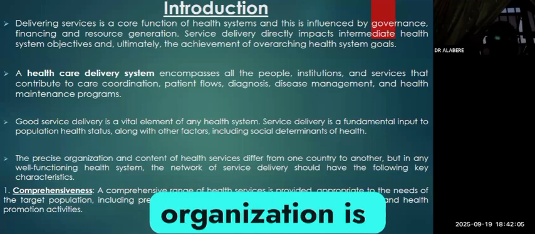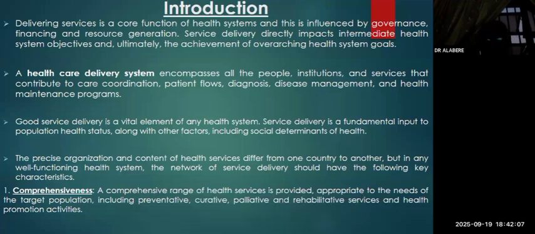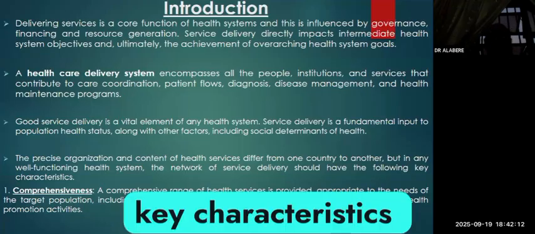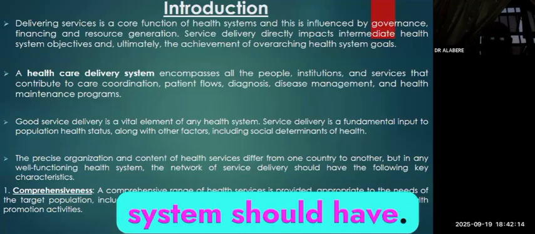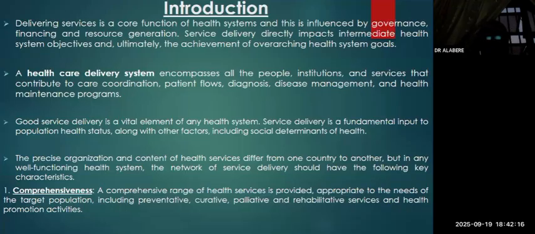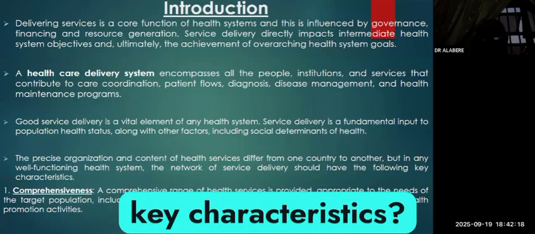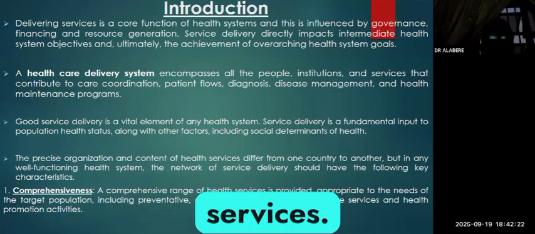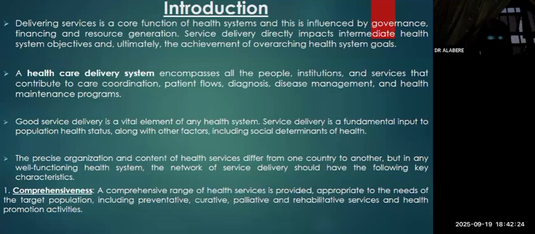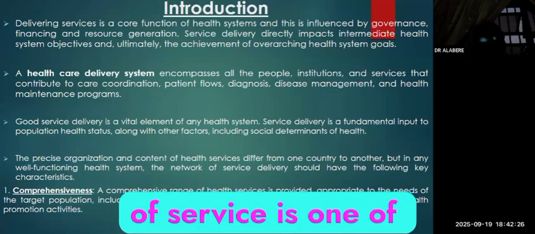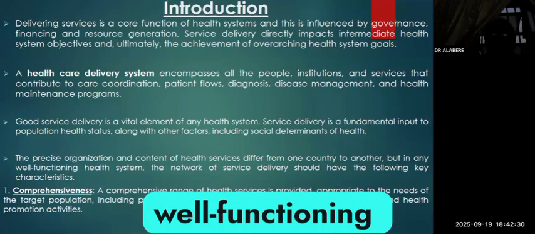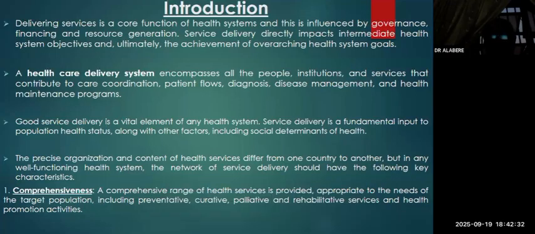But if that organization is functioning well, there are key characteristics which that health system should have. And what are those key characteristics? That it should provide comprehensive services. Comprehensiveness of service is one of the key characteristics of any well-functioning health system.